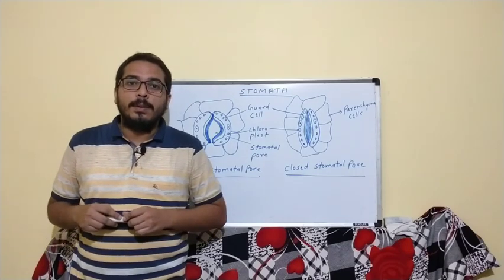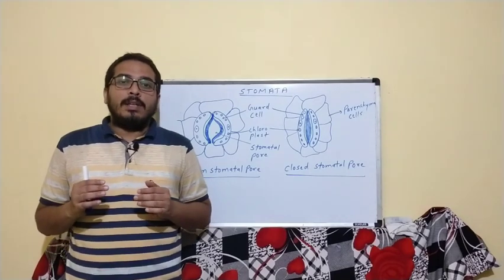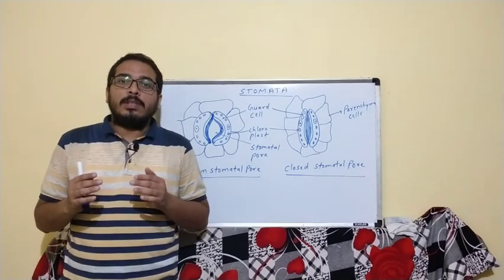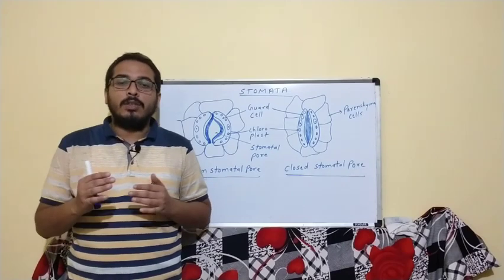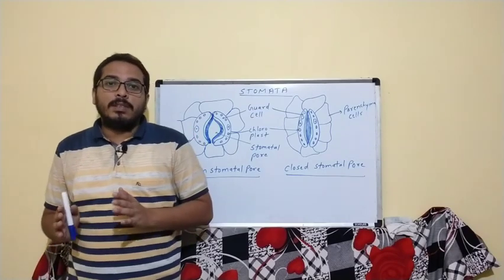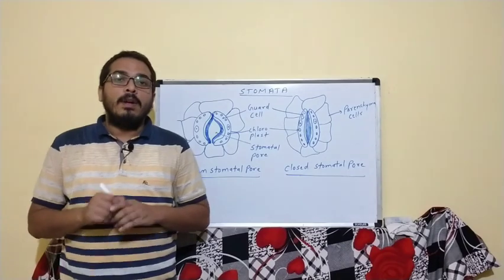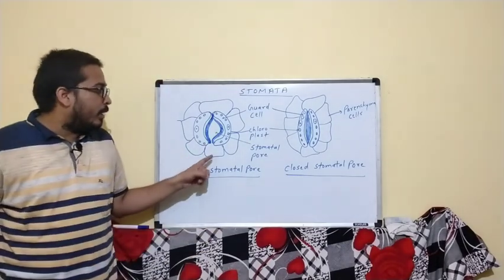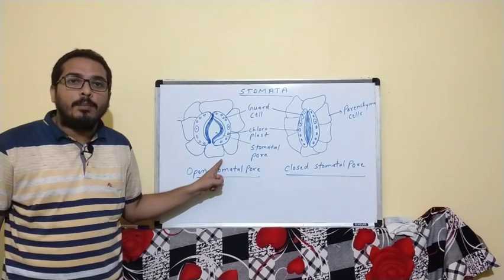So my dear students, stomata helps in taking carbon dioxide from the atmosphere and releasing oxygen, or we can say it provides the plant a door by which carbon dioxide can be gained and oxygen released.